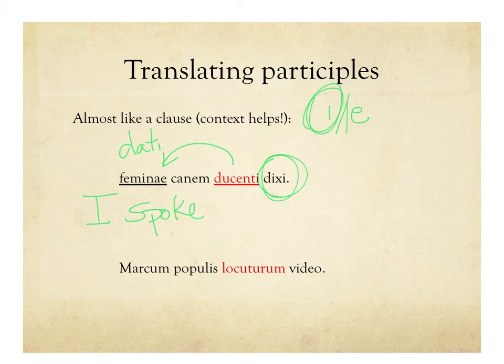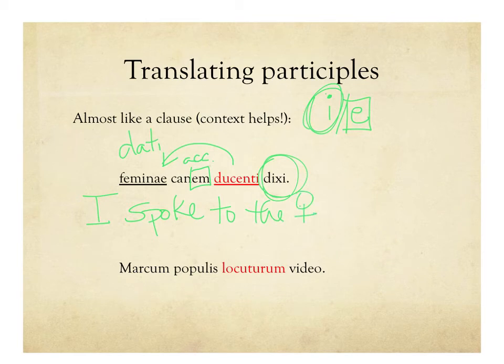The E, in the ablative, is used for a special construction that we'll talk about next time. So for right now, you know that I could be either one, but since we've got a dative, these are probably agreeing. And then we've got this canem, which is accusative, and we have to figure out what to do with that. So I spoke to the woman.